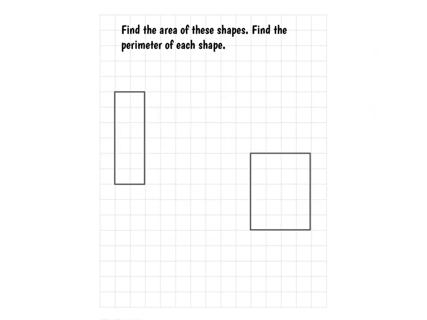Hey, so this is your math assignment for today. I want you to figure out the area and the perimeter of shape, call it F, and then I want you to figure out your area and perimeter of shape, we'll call it G. So that is your math assignment for today.